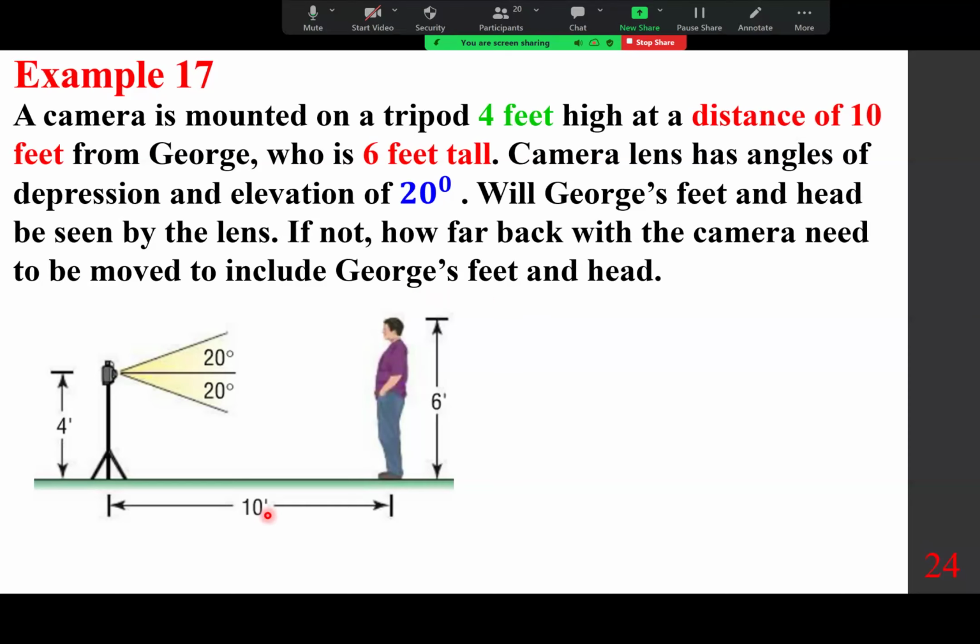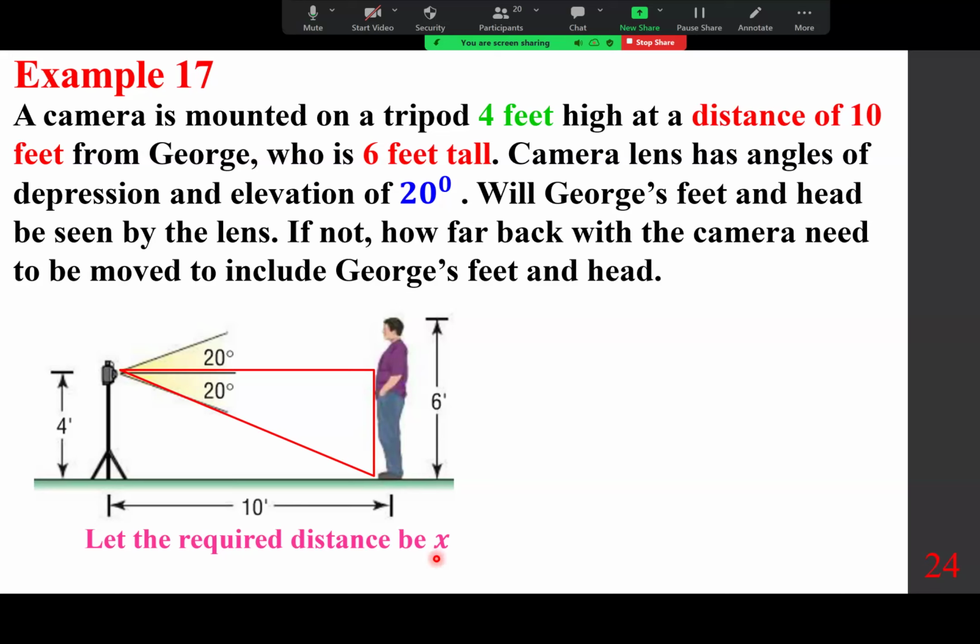Let's ignore the 10 and let's say we need X amount. So we are going to calculate the X amount. We are ignoring the 10 and we see if 10 works or not. So if we look at this triangle, the height is 4 feet. So this side is 4 feet.